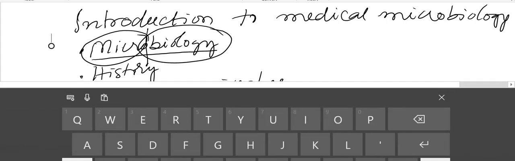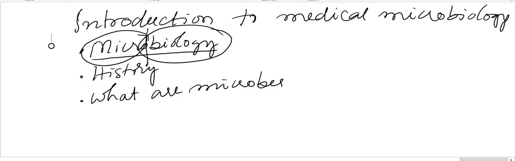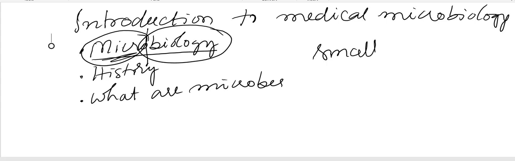Micro refers to small, but how small? Is it 1 mm, or 1 centimeter? Here, small means too small to be seen by the naked eye.